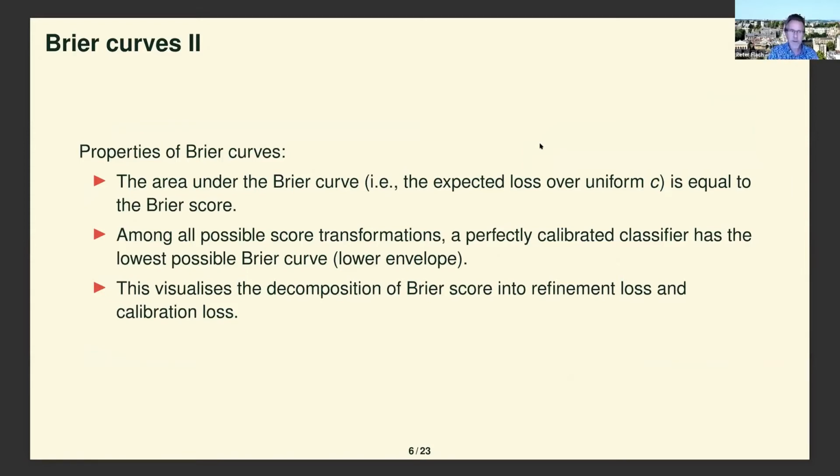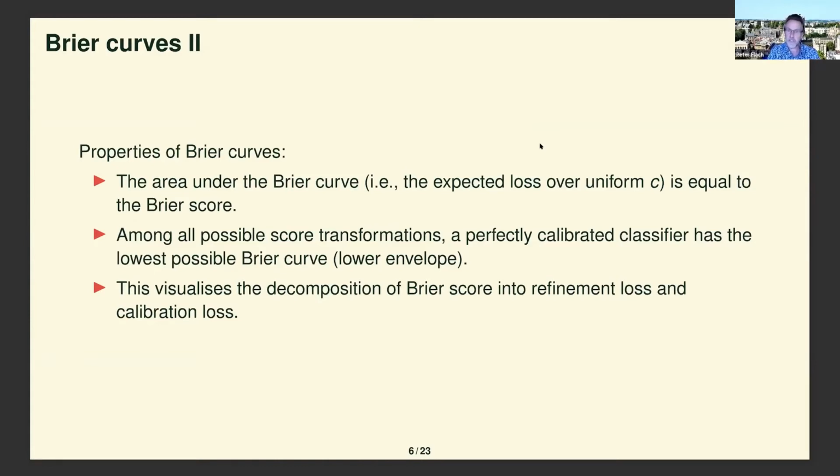But there is a lowest possible Brier curve, which is the lower envelope of all possible curves that you can get by transforming the scores however you want. A perfectly calibrated classifier has this lower envelope as the lowest possible Brier curve.